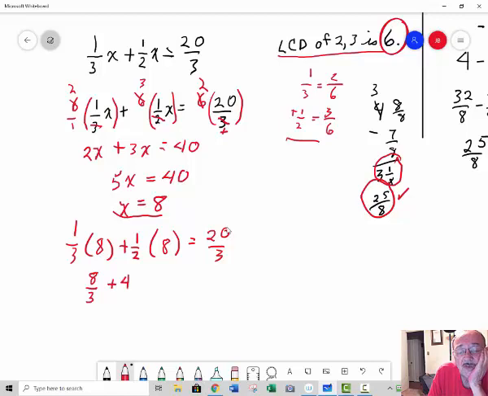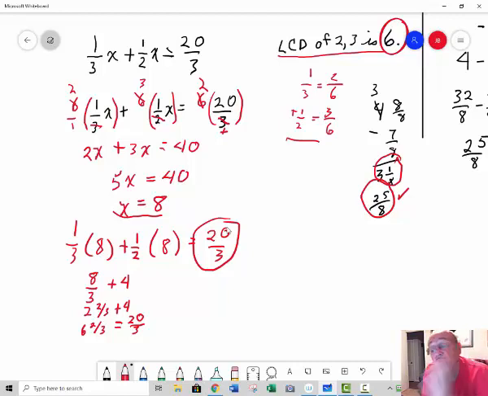Well, 8/3 is what, 2 2/3 plus 4, and that would be 6 2/3. If I change that to an improper fraction, what is it? 18 plus 2 would be 19, or excuse me, 18 plus 2 is 20 over 3. Well, look at that. Don't you love it when a plan comes together? So if I take this value of 8 and plug it back in here and here, I get a true statement, and that's the objective of the game.